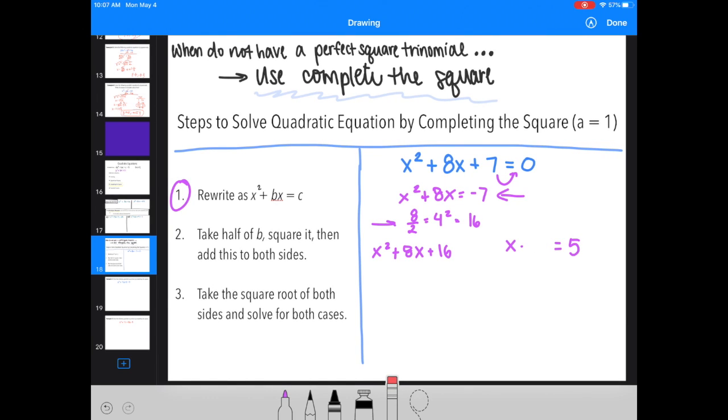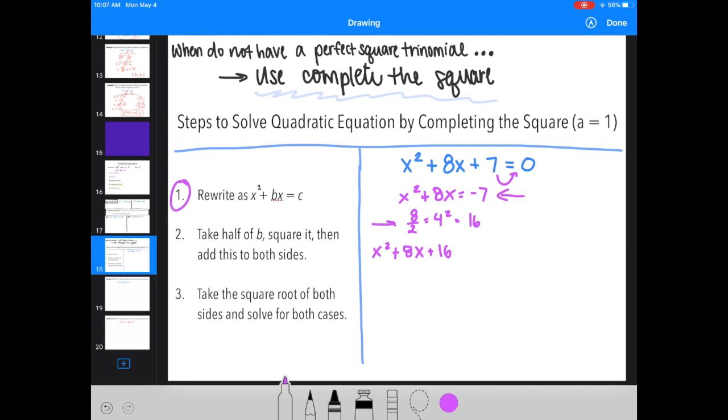We can add whatever number we want right here. Okay? I could say x plus 10, x plus 10, x plus 20, x plus 20. And my x value would still be 5 because whatever I add to the left side, I also add to the right side and it cancels out. So that's how we get that perfect square trinomial.